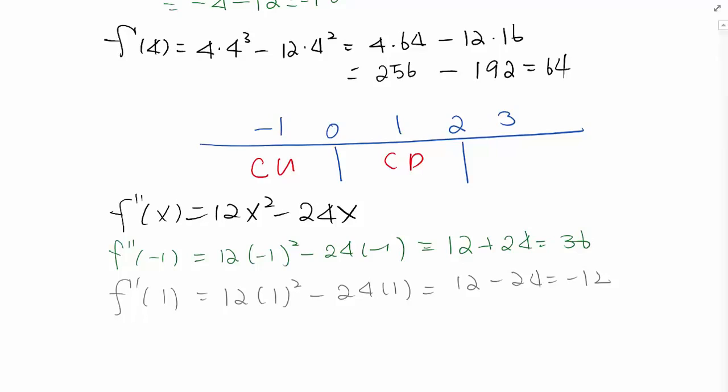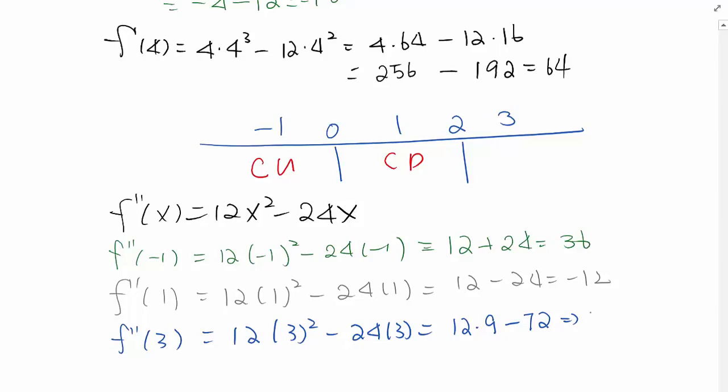Now 3, so f double prime of 3 equals 12 times 3 squared minus 24 times 3, which is 12 times 9 minus 72, so equal to 108 minus 72, which equals 36. So which means here is concave up.